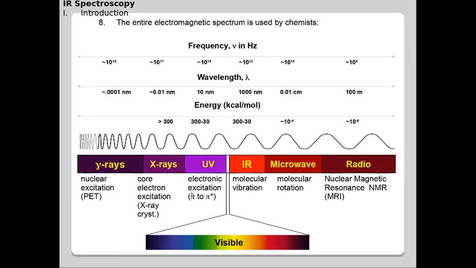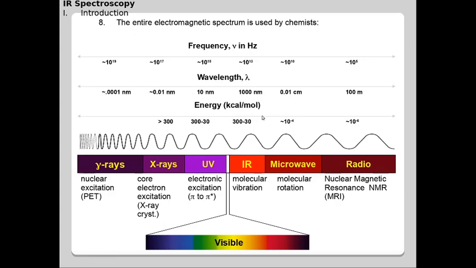Right now we are going to discuss infrared spectroscopy, where the frequency varies from around 10 to the power 14 to approximately 10 to the power 10 hertz, and the wavelength ranges from almost 800 nanometers up to, say, 3500 nanometers, and the energy varies from approximately 300 kilocalories per mole up to almost 700 kilocalories per mole.